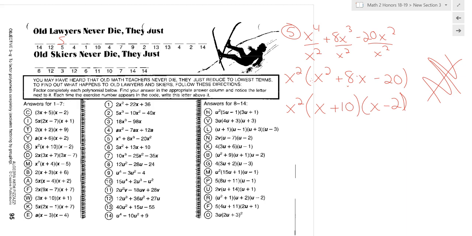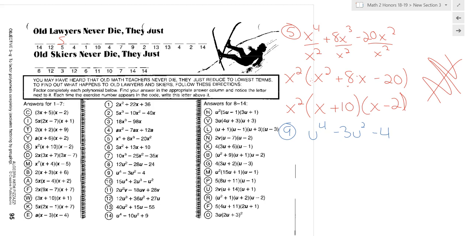The next one we are going to look at, there are a few other ones that are similar to this one, is number 9, and then number 10. Okay.